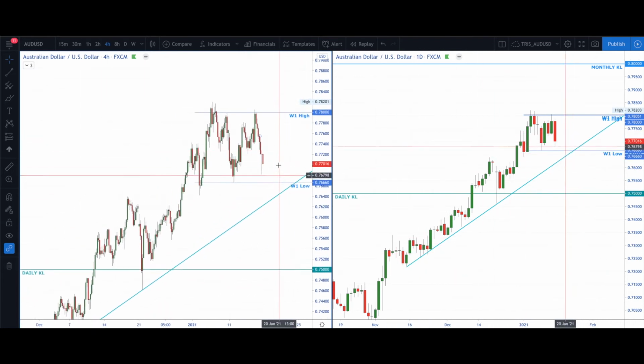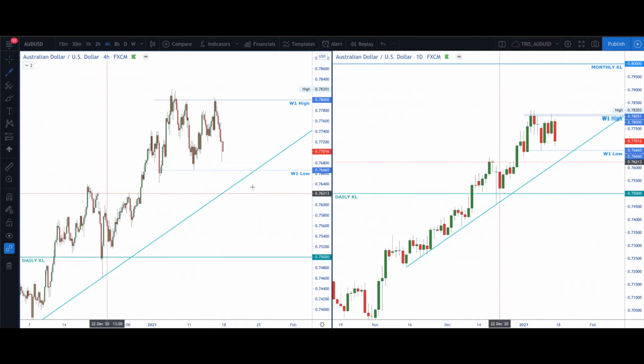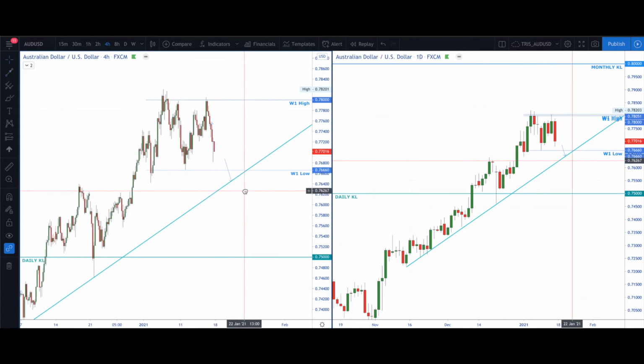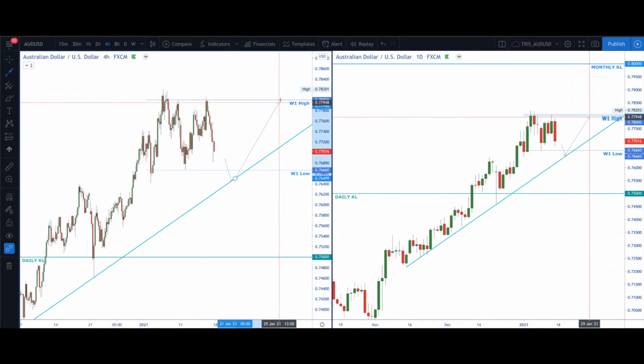So price can actually come down, maybe come into this support region here, and maybe come a bit lower and tap this trend line here, and then we'll see what's going to happen, whether we're going to rebound and continue up back up to the weekly high.